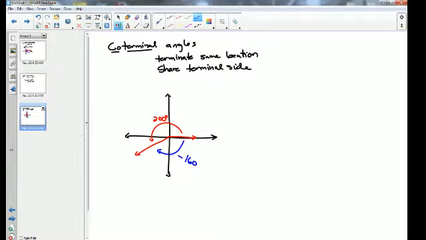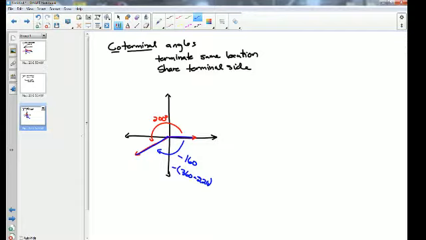Negative 160, right? That's 360 minus 200, and it's the negative because we're going backwards. That negative 160-degree angle is coterminal.